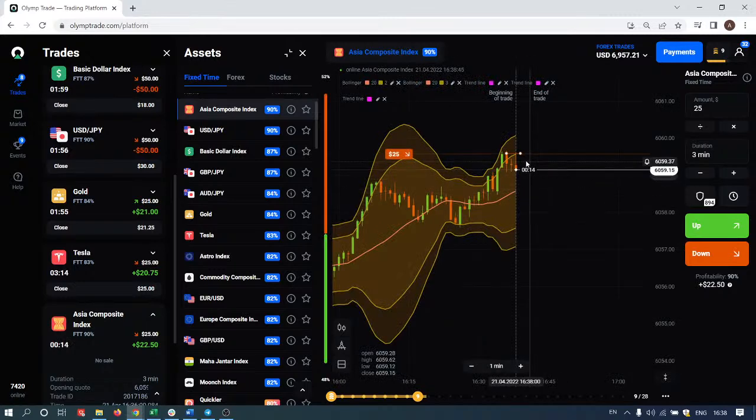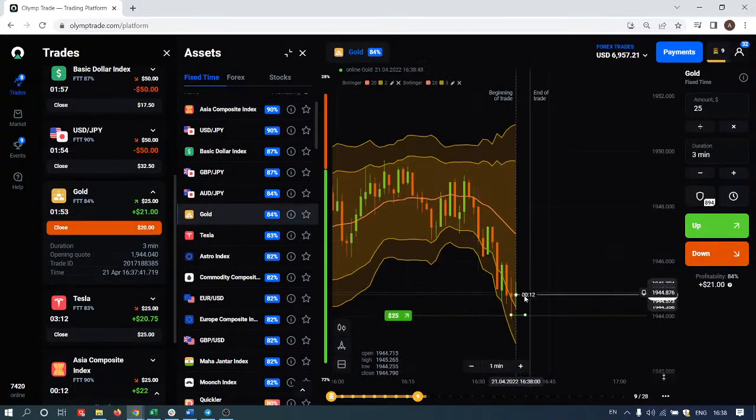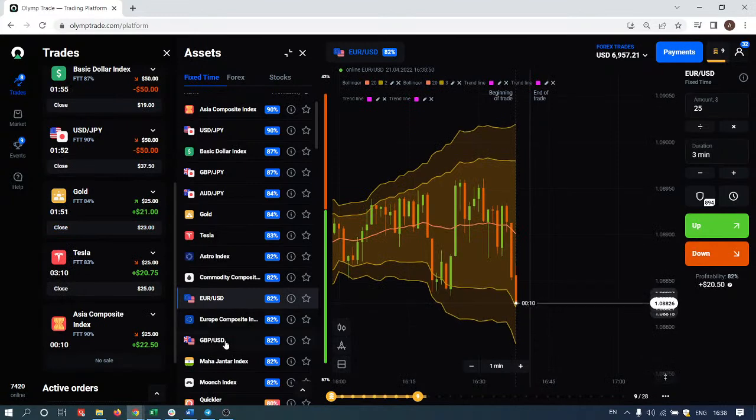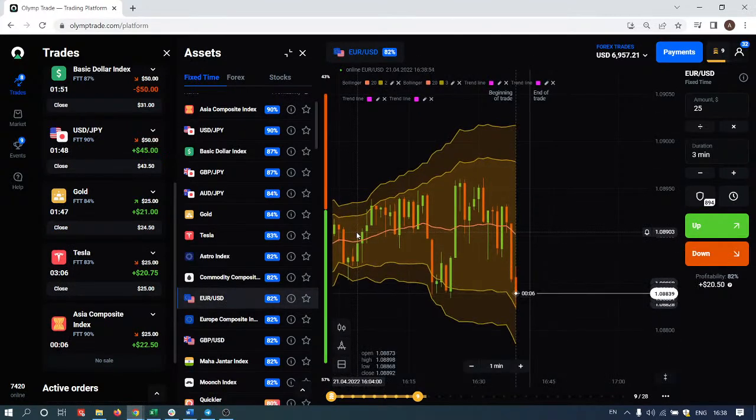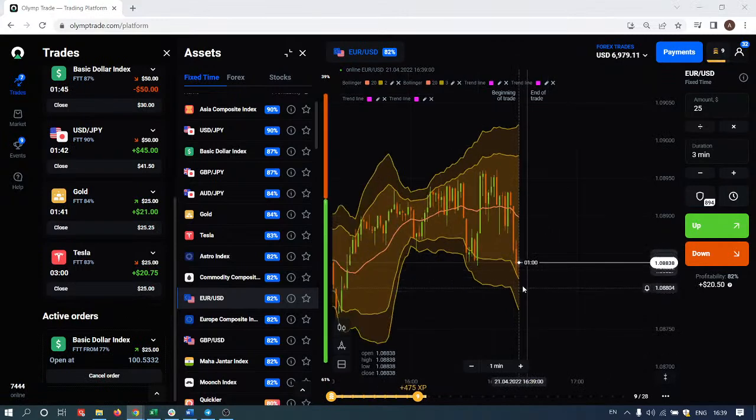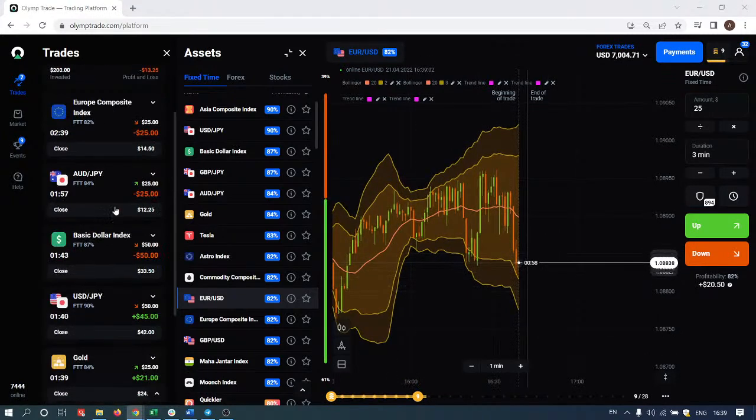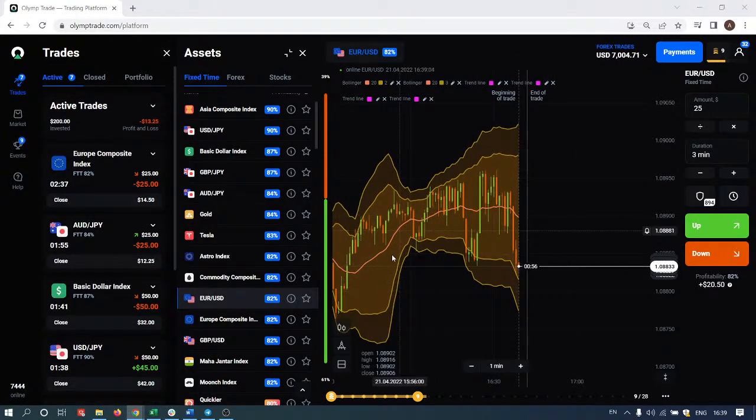The down trade here. Gold is doing fine right now. So yeah, the Euro USD is pushing south. So this could be a nice counter trend trade.